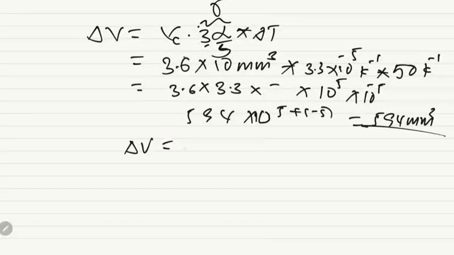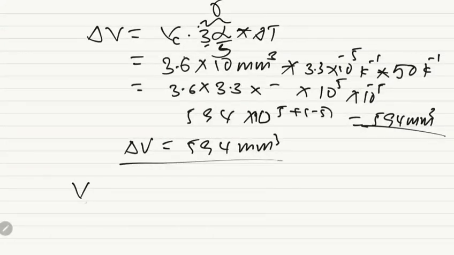So that is the change in volume: 594 millimeters cubed. The volume at the hotter temperature is equal to the change in volume plus the volume at the colder.